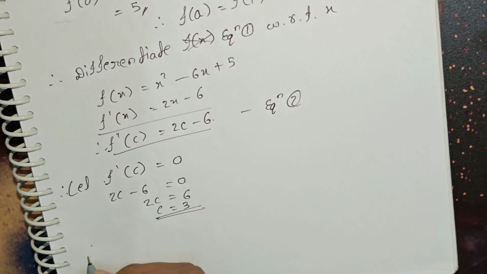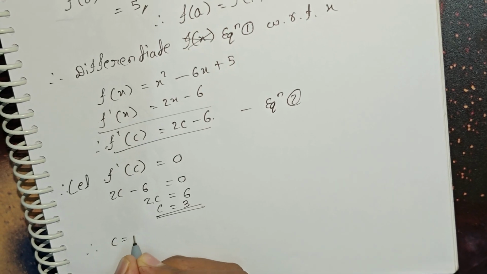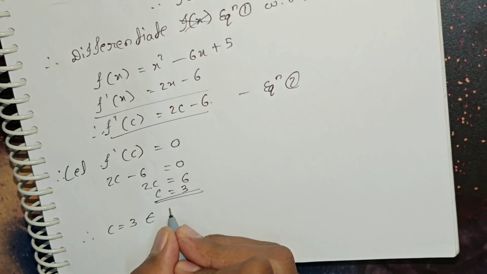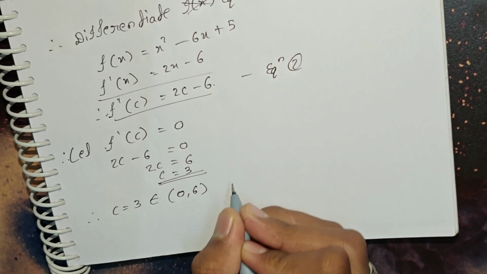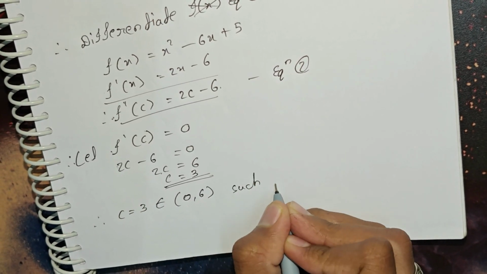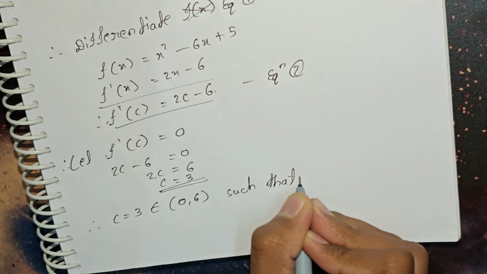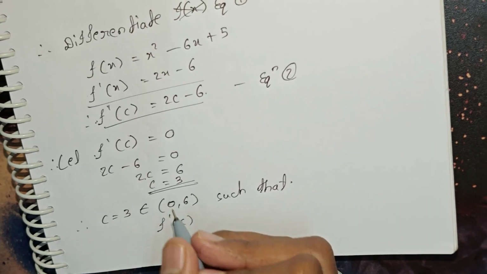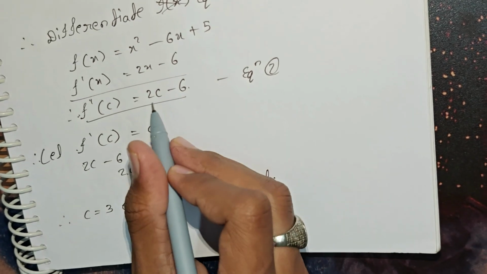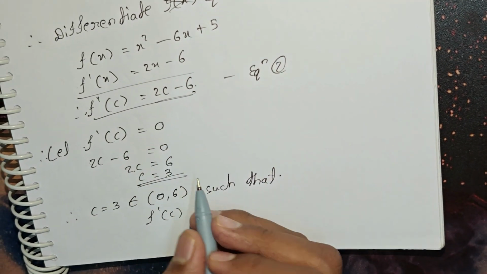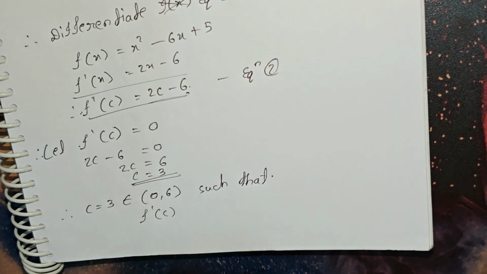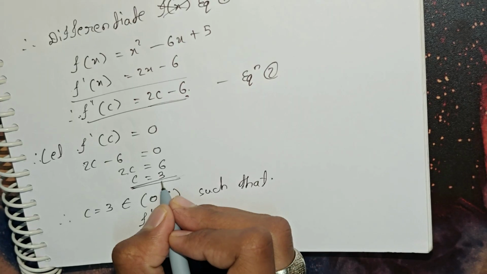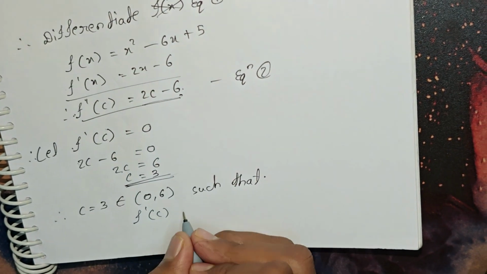So when c is equal to 3, that belongs to 0 comma 6, such that f dash of c is 0. Here we only got the equation, we have not got the value. Here we got the c value, so now we put the c value into this equation.